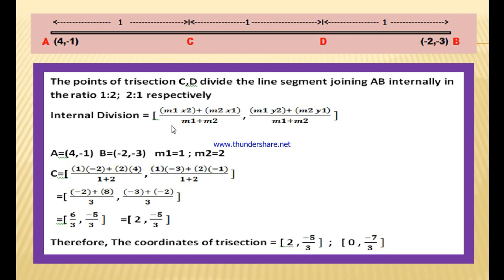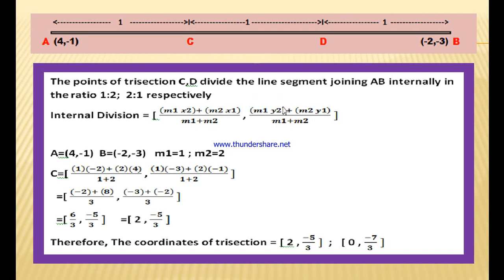Now in the given formula, let us substitute. x1 is 4, x2 is -2, y1 is -1, y2 is -3, m1 is 1 and m2 is 2. Then C is equal to m1 x2, m1 is 1 into x2 is -2, 1 into -2, plus m2 x1, m2 is 2 into x1 is 4, 2 into 4, by m1 plus m2, 1 plus 2.